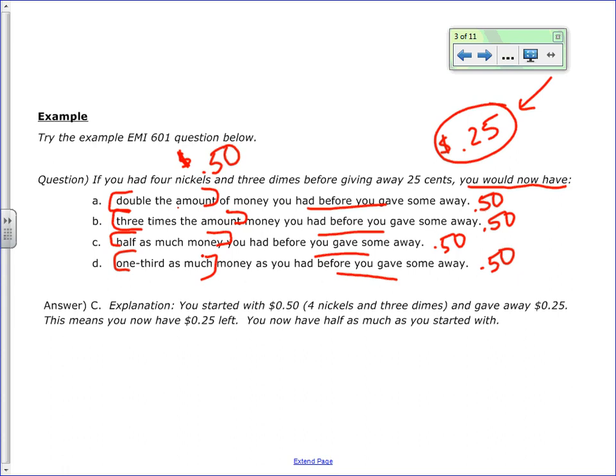Is that double 50 cents, 3 times 50 cents, half as much as 50 cents, or 1/3 as much as 50 cents? Yeah, it's half as much. And that's it. You'll often see these style questions, these kind of conclusion questions, as the last or second to last question on every passage. So you can expect to see these at the ends of passages.